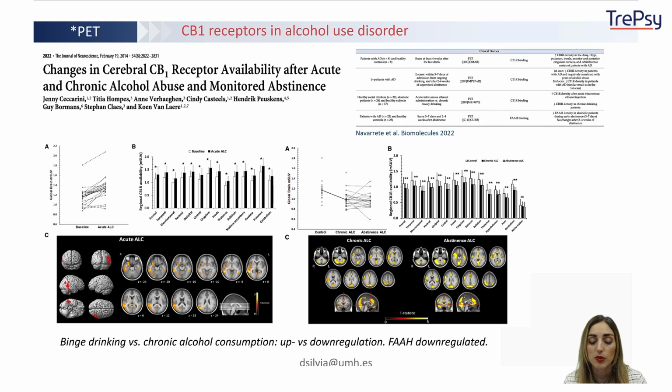This is a bit in line with this recent review where the authors compare different clinical studies addressing PET tracers for the CB1 receptor in the context of alcohol use disorder, and they also found this different pattern when comparing binge drinking versus chronic alcohol consumption.